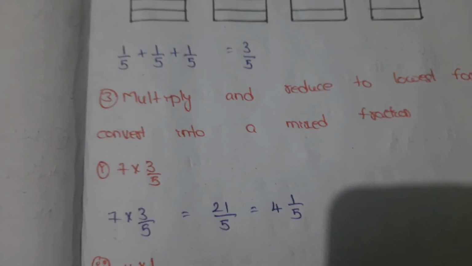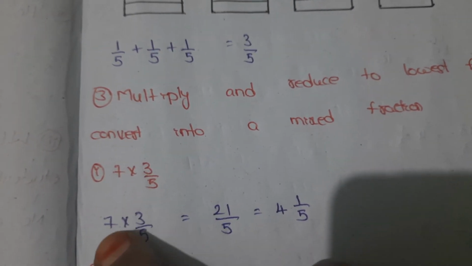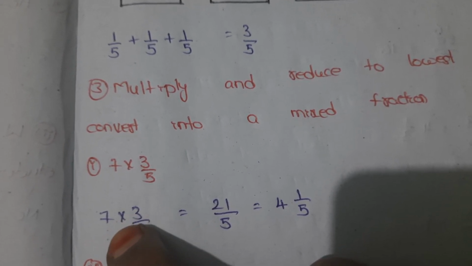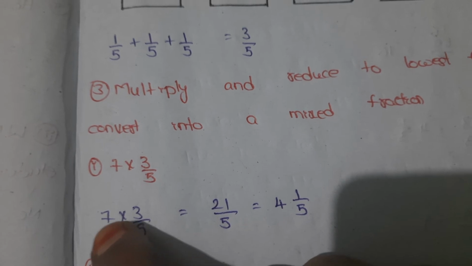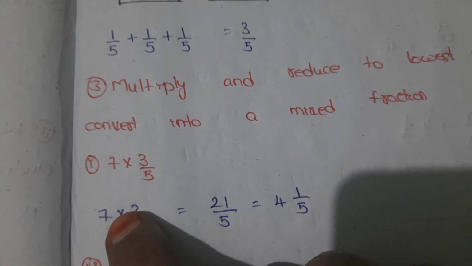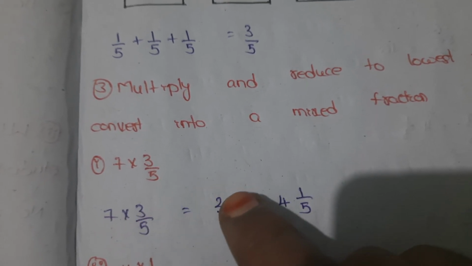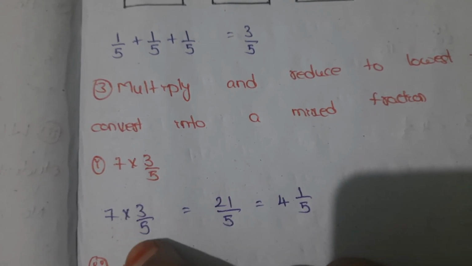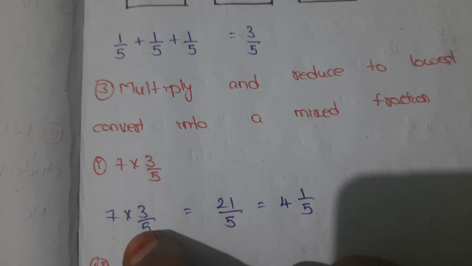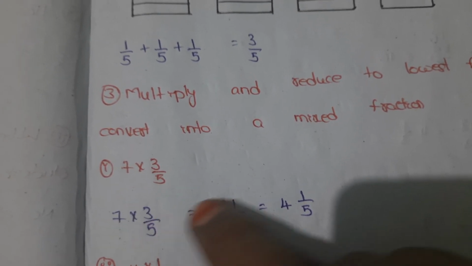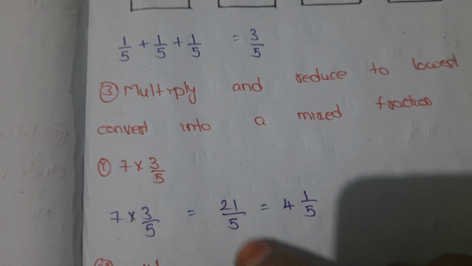Okay, first, 7 into 3 by 5. We already know that when multiplying a fraction with a whole number, we multiply the whole number with the numerator and write the denominator as it is. So here I multiplied 7 into 3, which is 21, and wrote the denominator as it is. This multiplication gives 21 by 5.